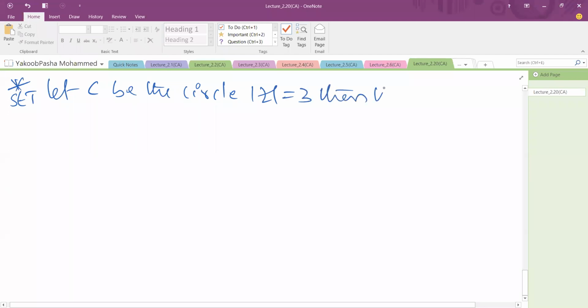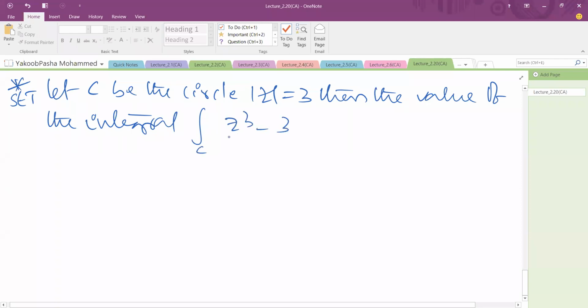Then the value of the integral over C of z cube minus 3 divided by z minus 2 whole to the power of 3 is.